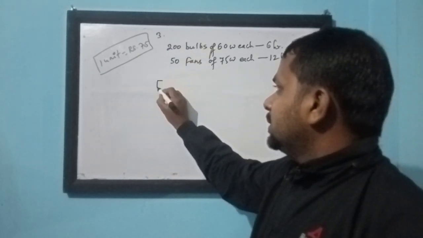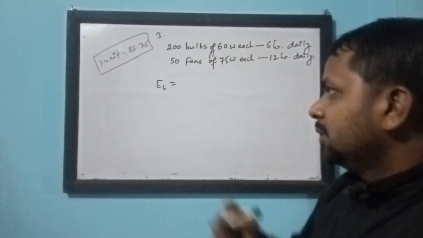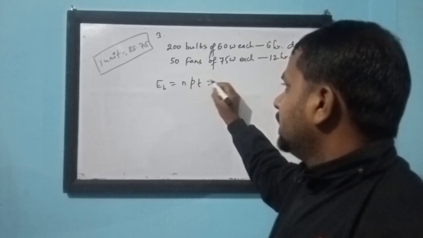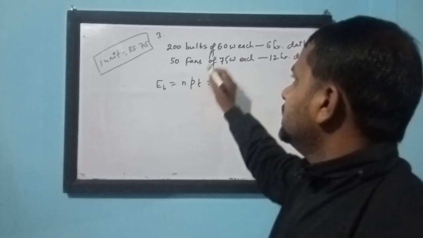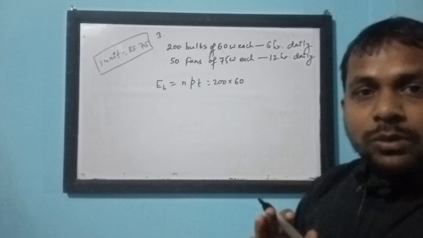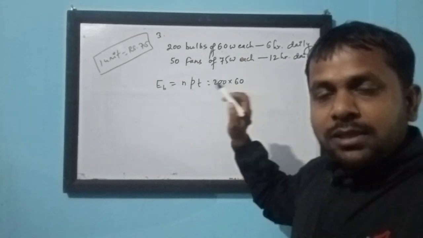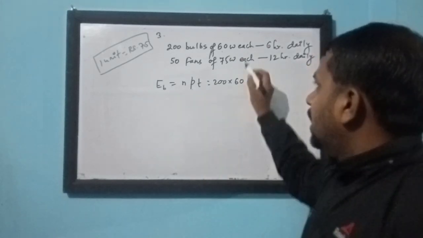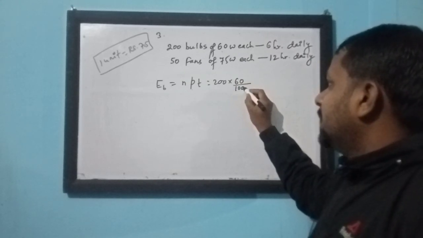First we have to calculate the energy consumed by the bulbs. The formula is N, P and T. N is the number, 200, into the power of each instrument, here 60 watt. One more thing to notice is that the power is given in watt, but we require the answer in kilowatt hour. So we have to convert watt into kilowatt by dividing by 1000.